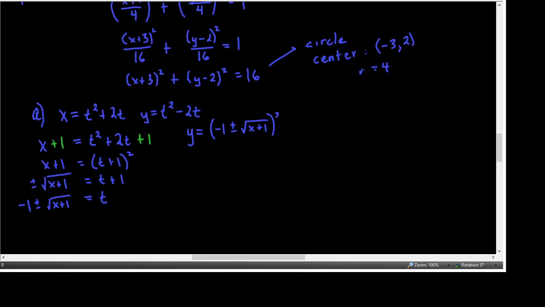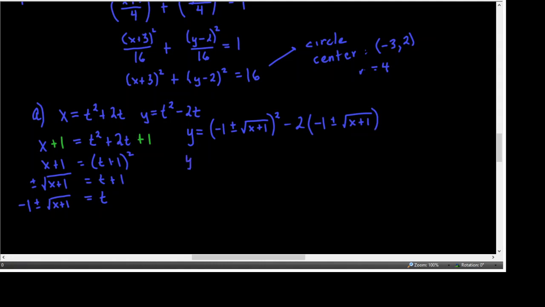quantity squared minus 2 times t, which is again -1 plus or minus the square root of x plus 1. All right.